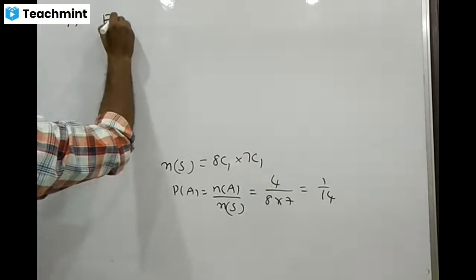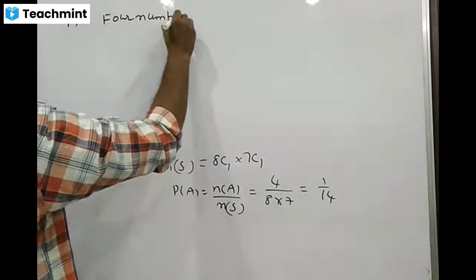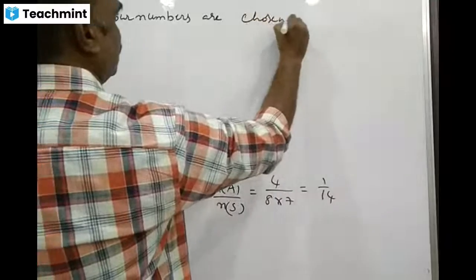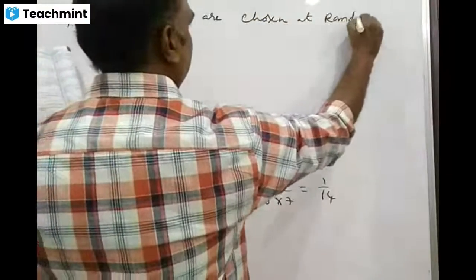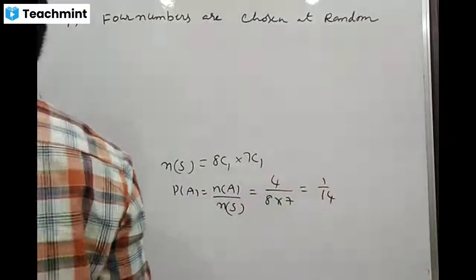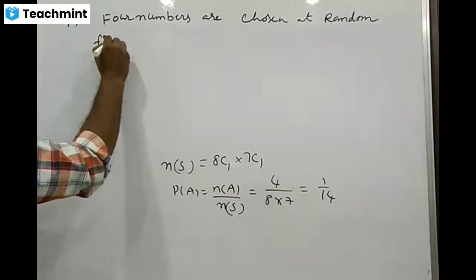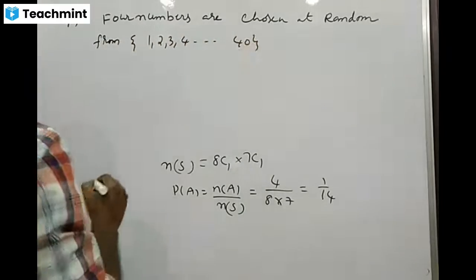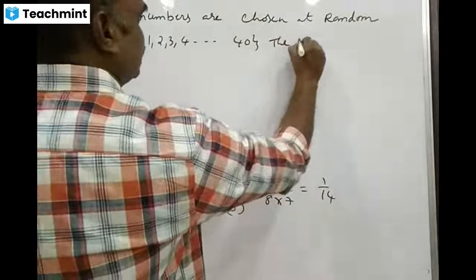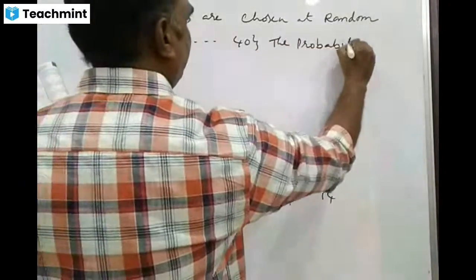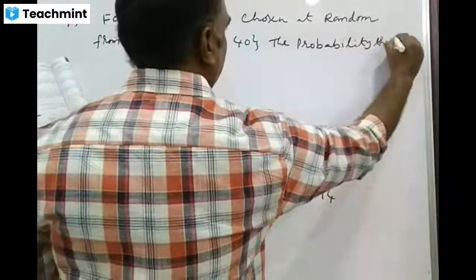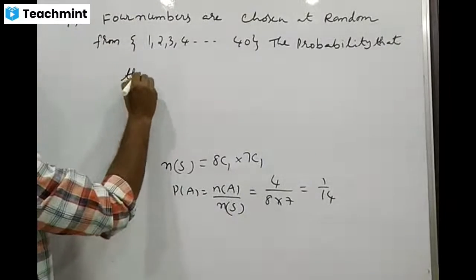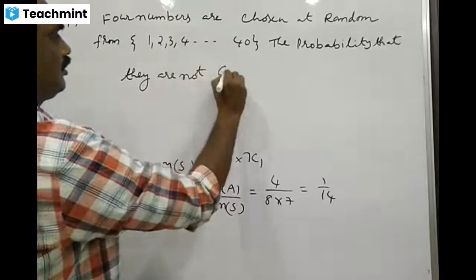Four numbers are chosen at random from 1, 2, 3, 4, up to 40. Find the probability that they are not consecutive.